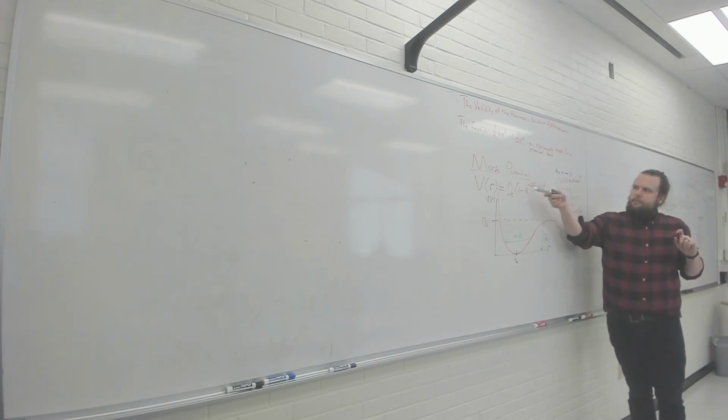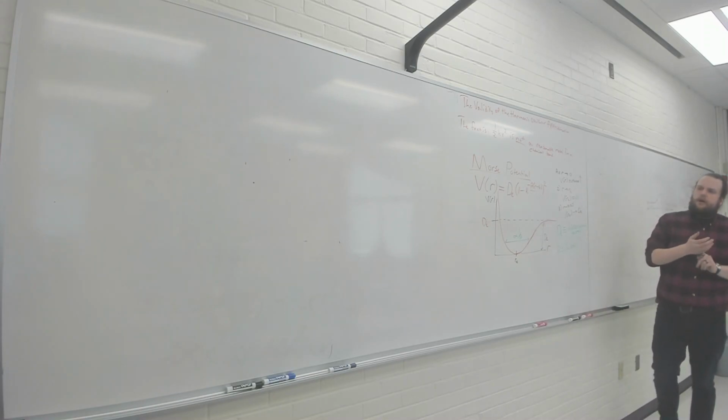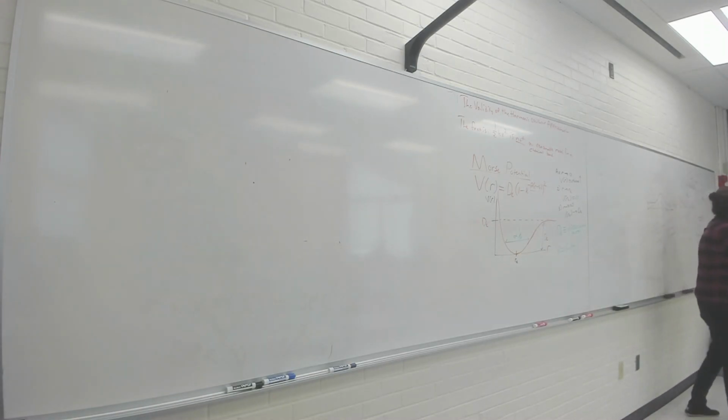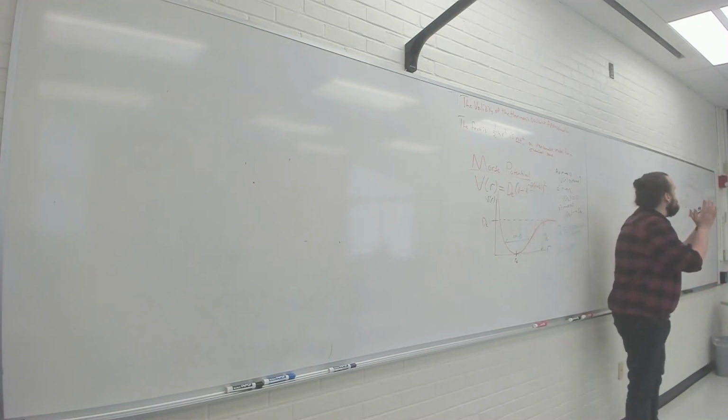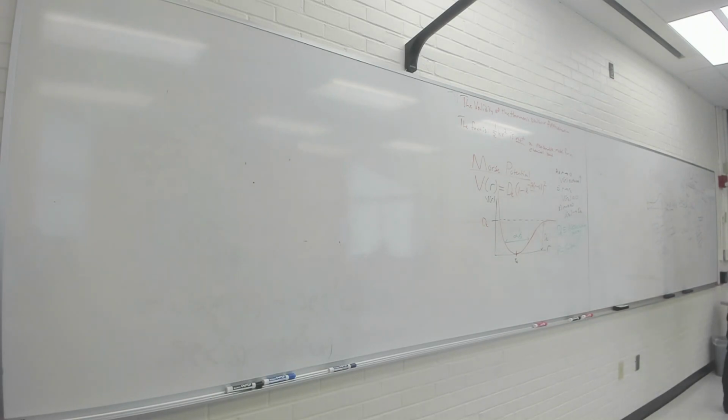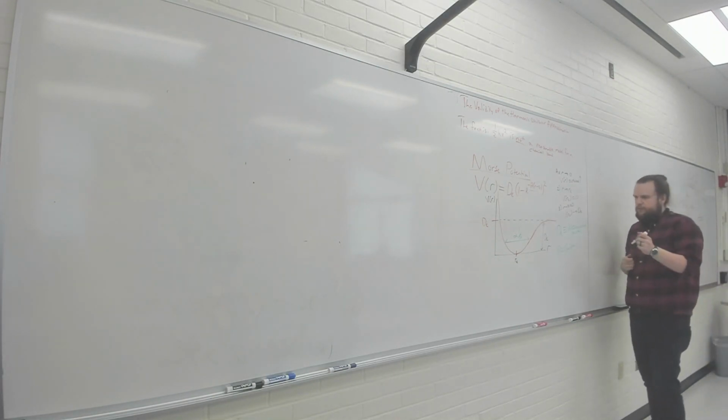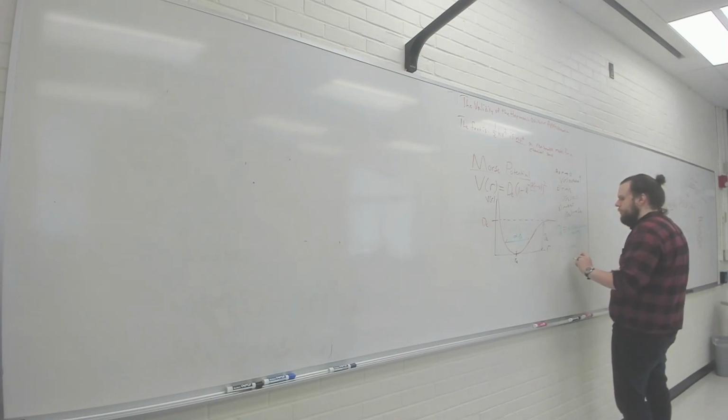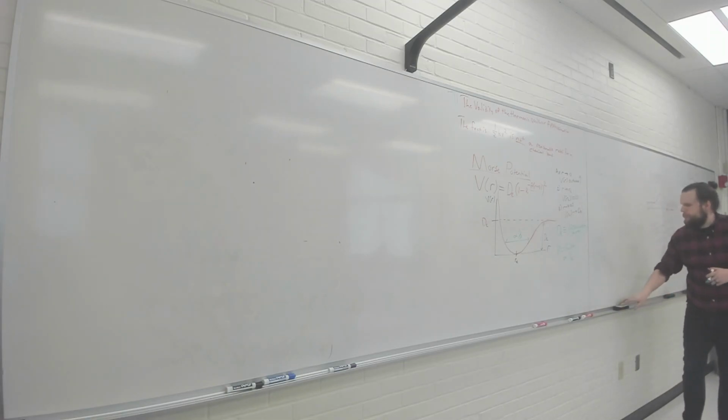Remember that for the harmonic potential, the curvature of the potential is proportional to K, the stiffness of the bond. So beta has something to do with stiffness, how resistant the bond is to stretching and compressing.